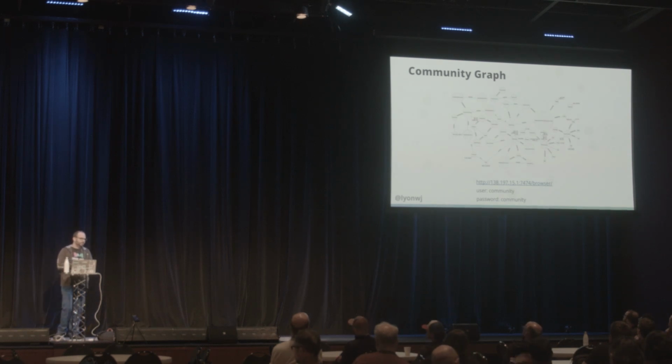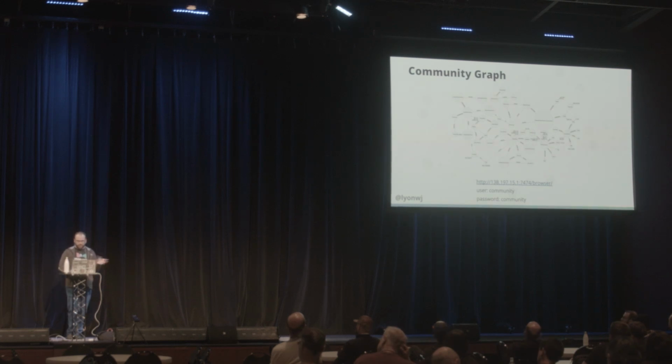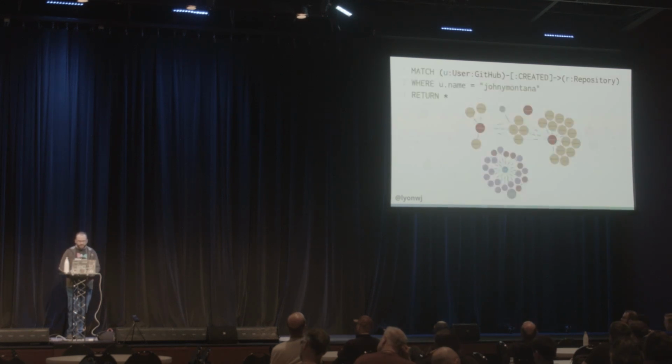We have some Lambda processes that are monitoring GitHub, Twitter, Meetup, Google for anything related to Neo4j. So if you publish a new Neo4j related project to GitHub, it ends up in Community Graph, and then we can query that to see what the Neo4j community is working on. So that's the data layer for this API.